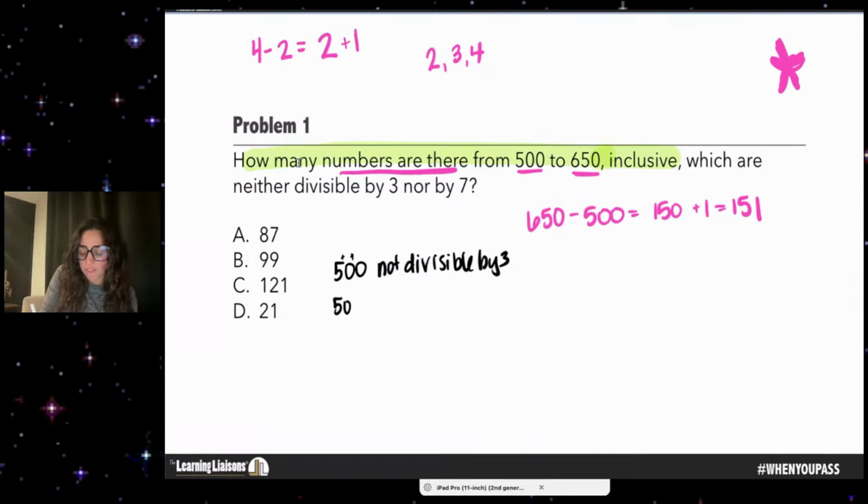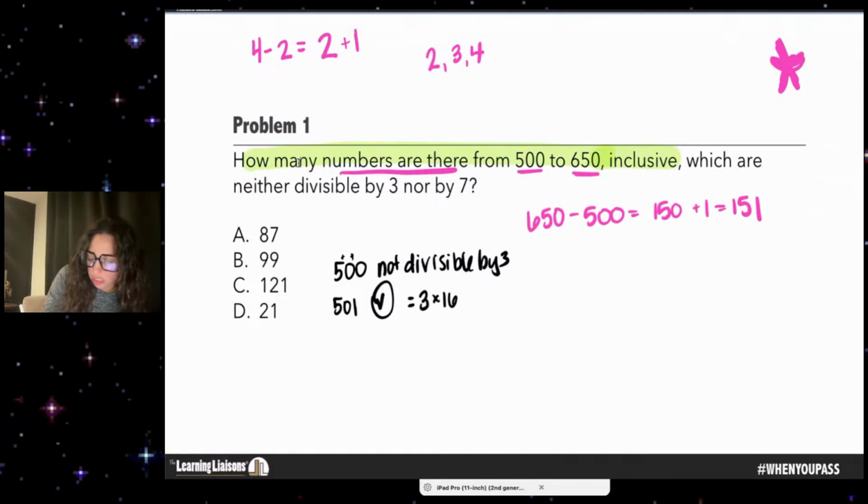But I know that 501 is divisible by 3 because 5 plus 0 plus 1 is 6, and 6 is divisible by 3. Well, what is the other factor? 501 divided by 3 equals 167.